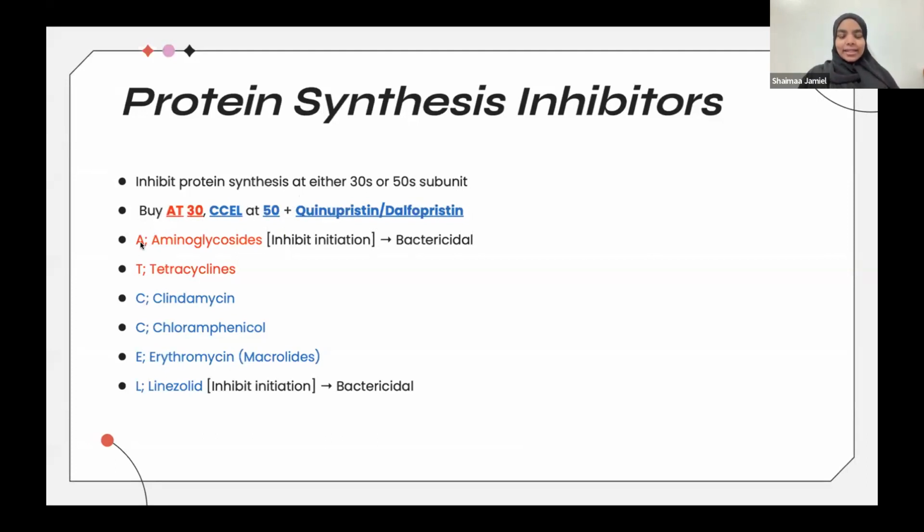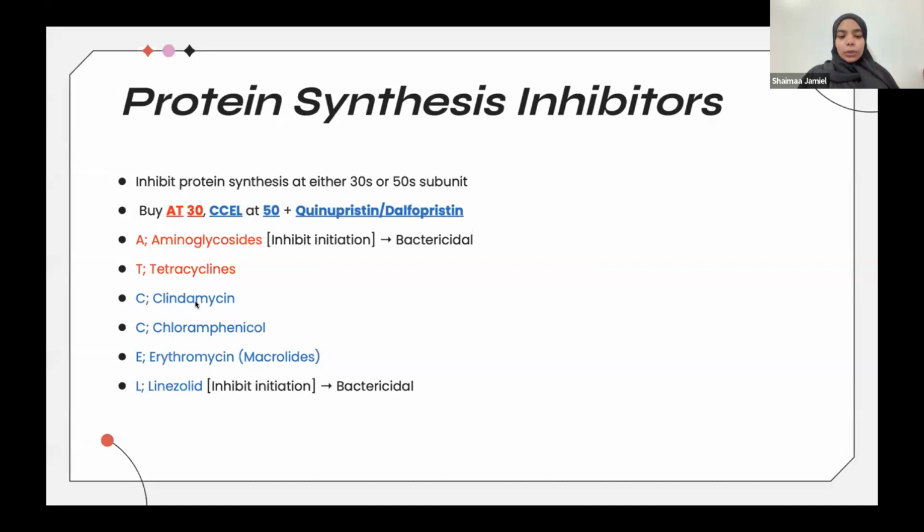AT stands for aminoglycosides and tetracyclines, which both bind at the 30S subunit. Then we have clindamycin, chloramphenicol, erythromycin, which is basically macrolides, and linezolid. They bind at the 50S subunit, plus quinupristin-dalfopristin also binds to the 50S subunit, okay?